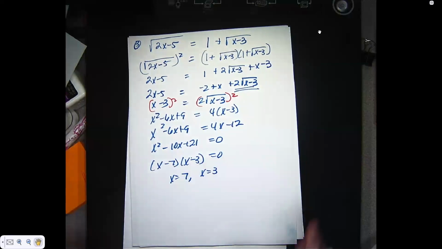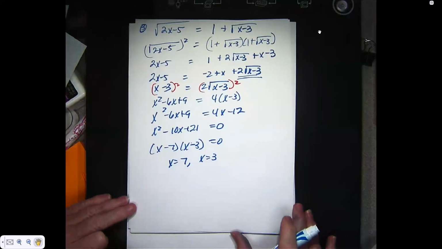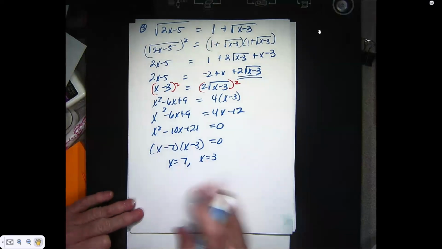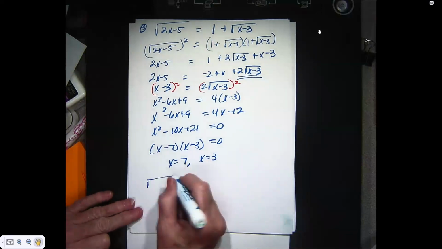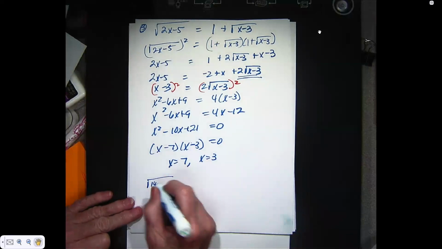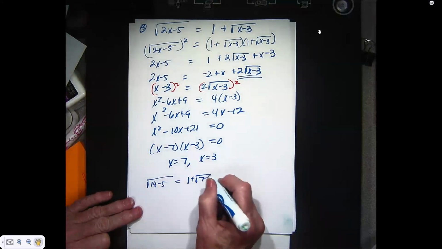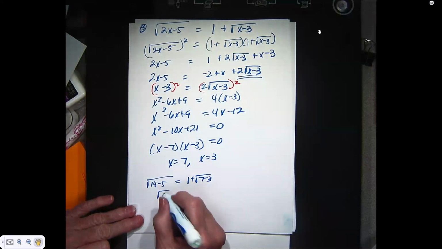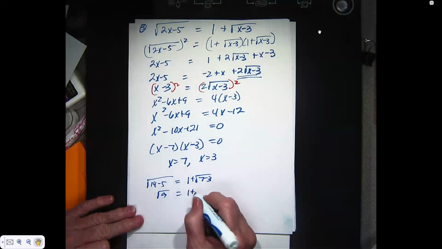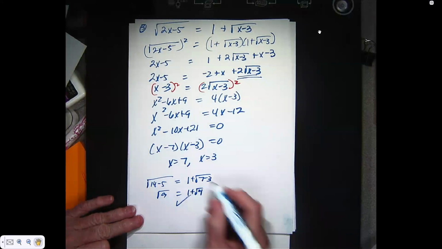So again, you need to go back in and check your answer. So putting in 7 gives me the square root of 14 minus 5 equals 1 plus the square root of 7 minus 3. So the square root of 9 equals 1 plus the square root of 4, and that's true.